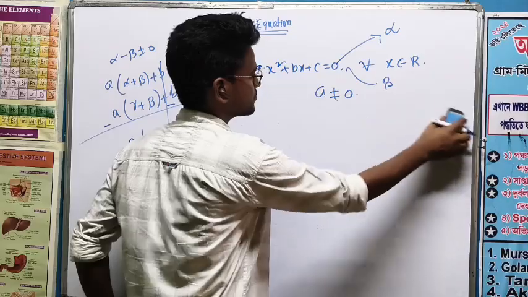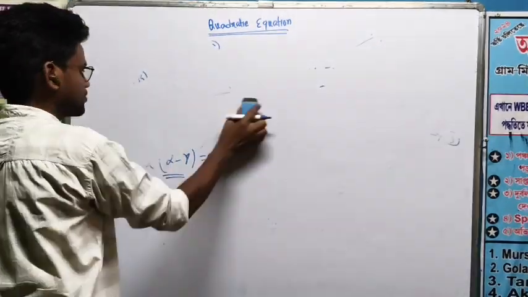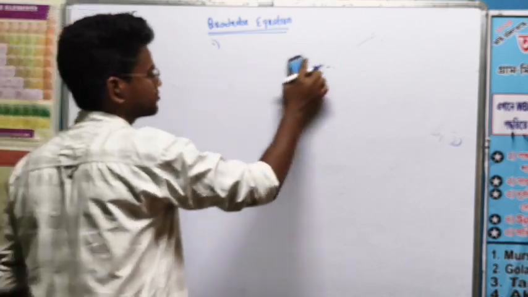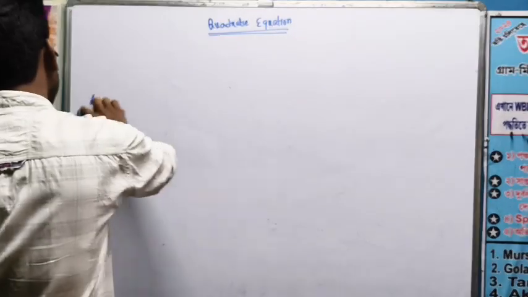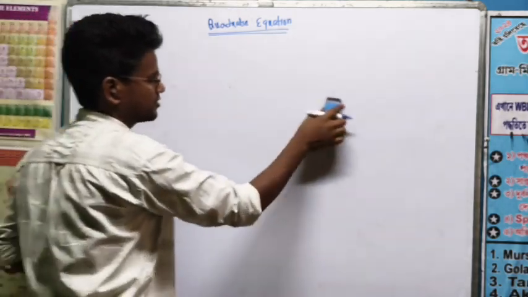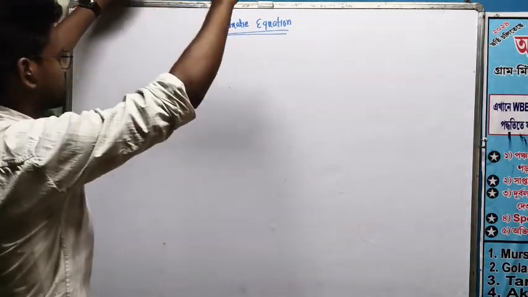So the next topic is the nature of the roots. Okay, nature of the roots is a very important topic for JEE Mains. Some questions came from this subtopic. I will discuss some problems on the nature of roots.